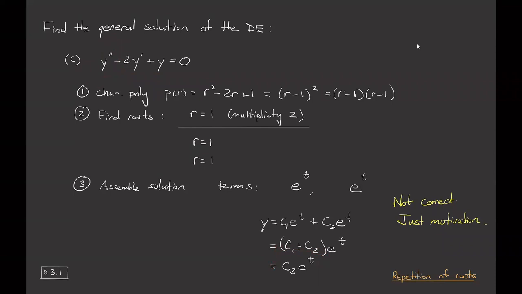So this is maybe some motivation why you would want to multiply this by t, a little cleaner t. Now, when we write the general solution formula, first I should say C2, t, e to the t.